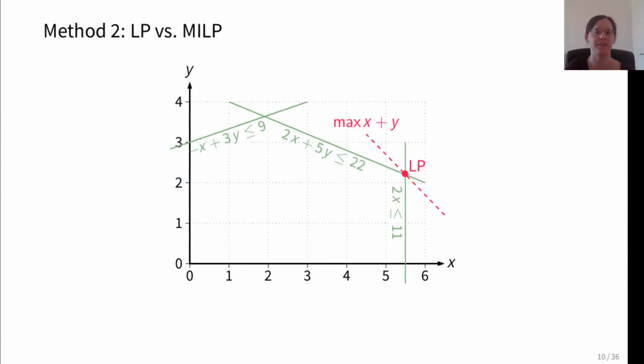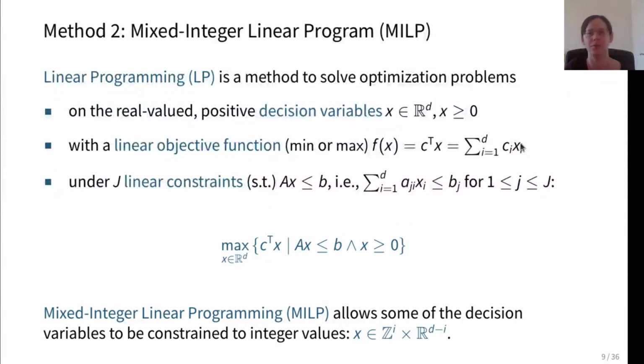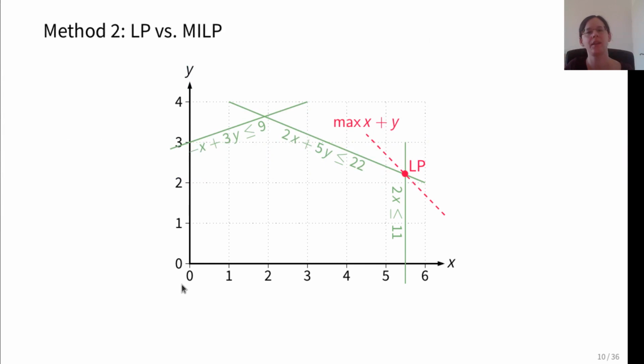Here's an example, by the way. This is an example over a two-dimensional space of candidate variables, so x and y. x and y correspond to the indices of this x here. In this example, we have three constraints which are marked in green. Each of them has the format that some linear combination of the decision variables is below some bound.